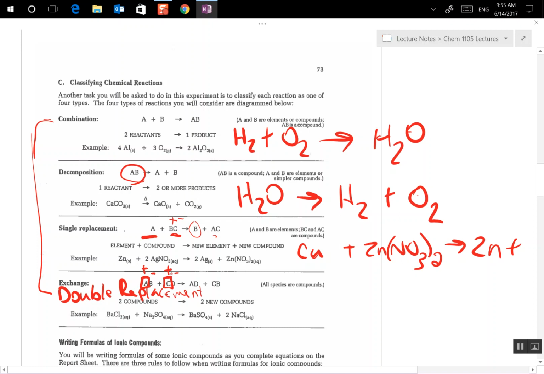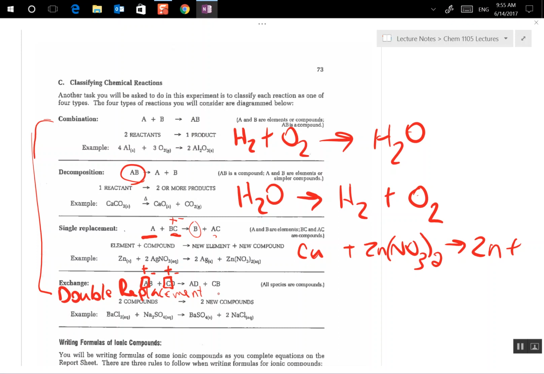What happens is that the positive cations switch partners. They just switch places, and you end up with the cation A now with the anion D rather than the anion B, and the cation C now with the anion B. That is called a double replacement reaction.